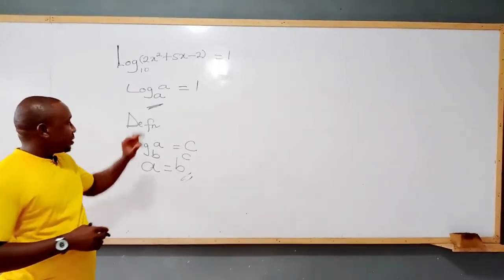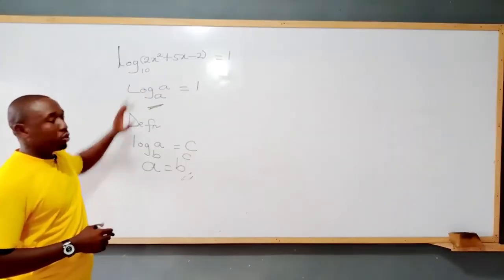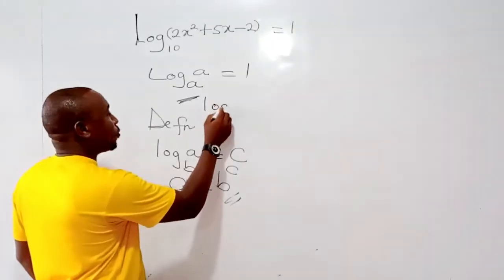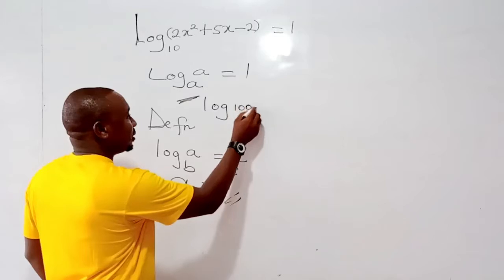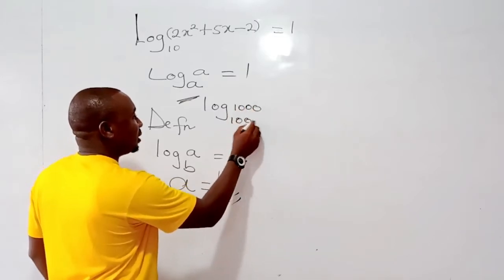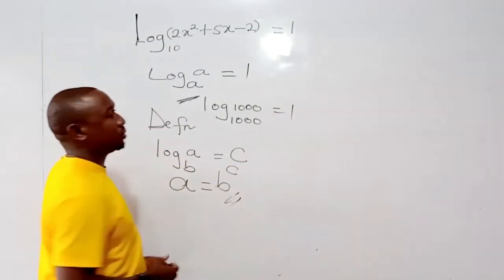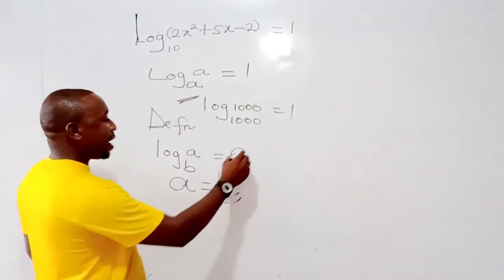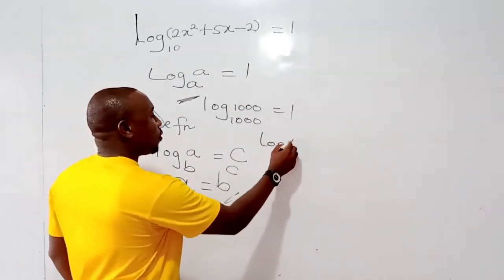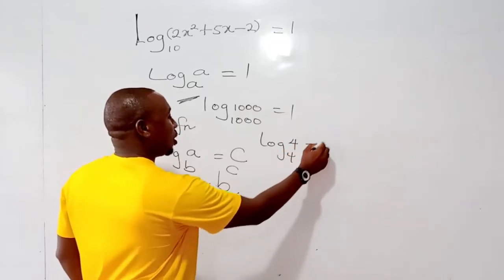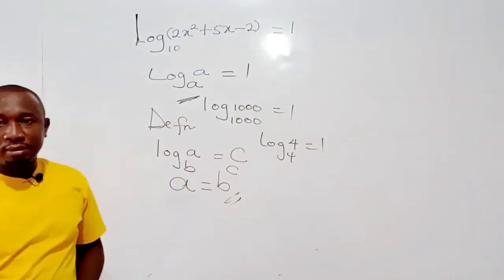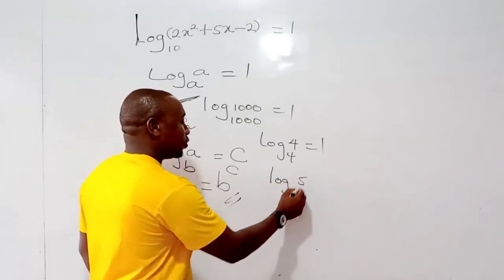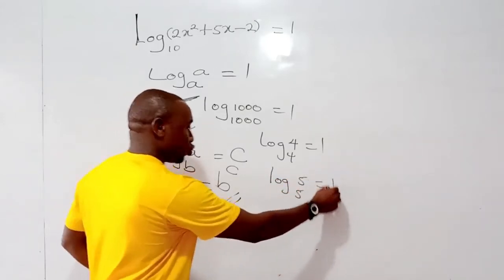By applying this particular property, if I have log of 1000 to the base of 1000, then the answer is 1. That is the meaning of this property. Again, if I have log of 4 to the base 4, the answer is 1. If I have log of 5 to the base 5, the answer is 1.